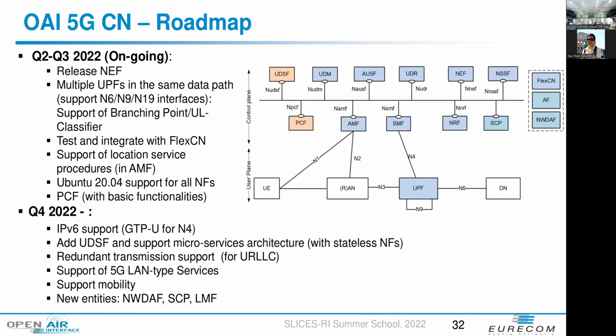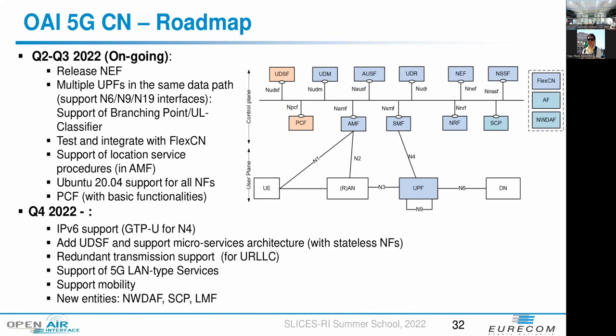For example, we now have the first version of the NEF, but we focus on multiple UPFs in the same DNN. It is very important because we support the branching point and uplink classifier here for the inter low latency communication and also to support that communication.